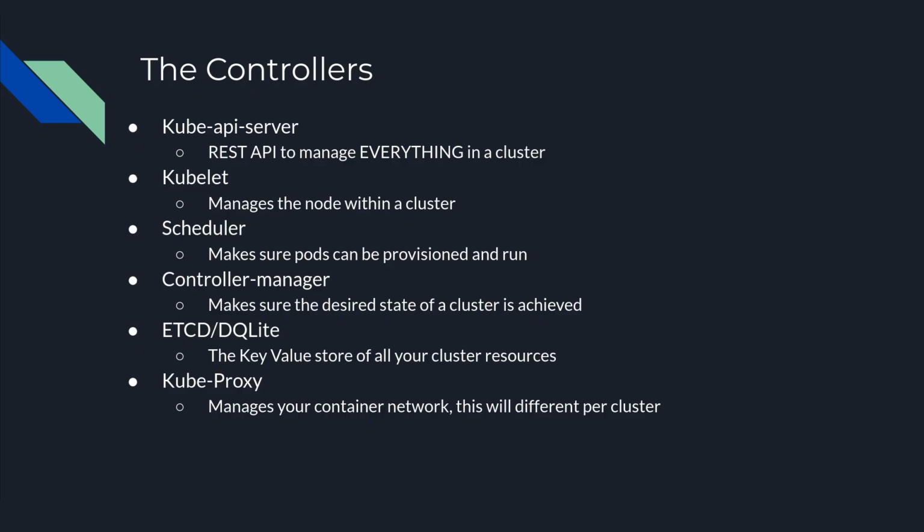So for all these resources, you need some kind of persistent item on the back end, which is your etcd or your dqlite, which is basically a key value storage solution for all these resources. And then you have your kube proxy, which might have a different name depending on where your cluster is, which is basically your container networking.